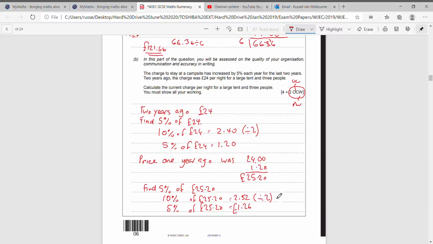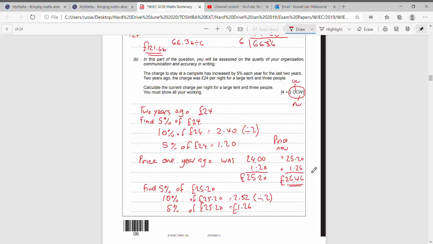So I've run out of space, which is not good when it's communication, so I'm going to say price now equals £25.20 plus £1.26, 6, 4, so it's £26 and 46 pence. Okay.